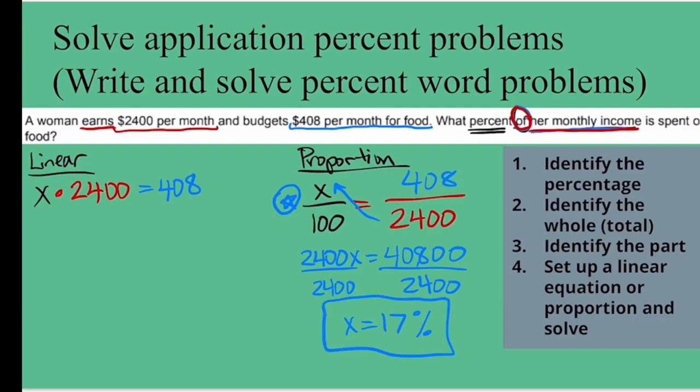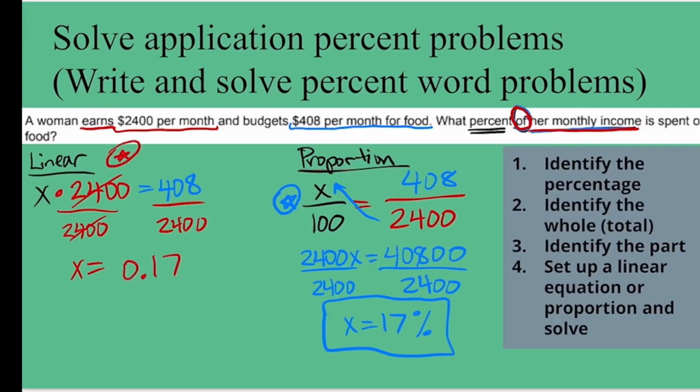So for the linear side of things, when we use decimals, we're not using this 100 part there. So it's a little different. We're going to divide by 2400 to eliminate that multiplication. And x is 0.17. So again, this is the key.